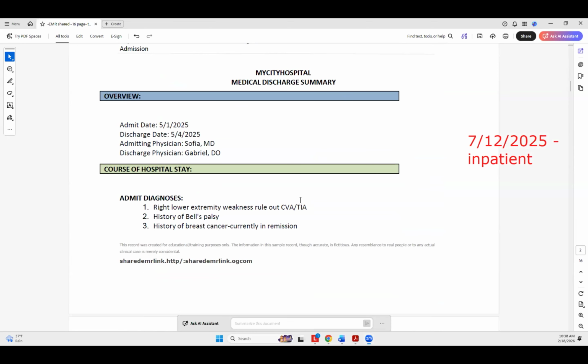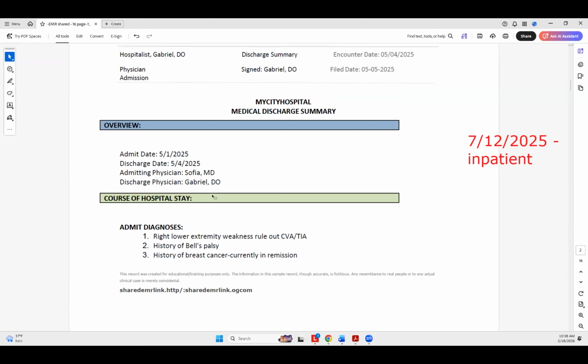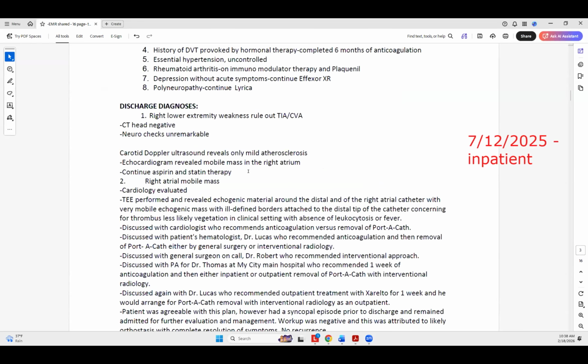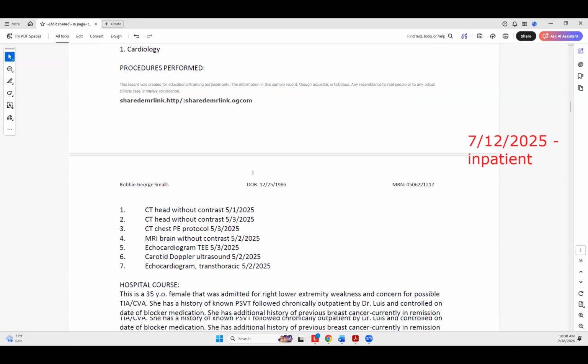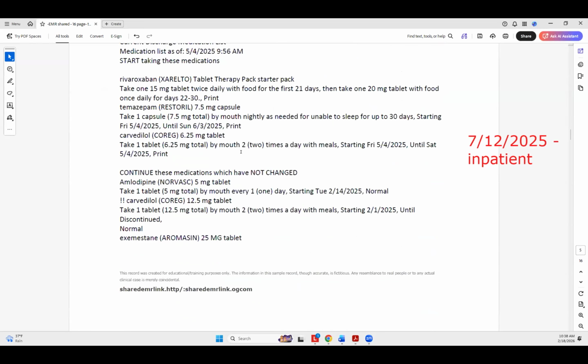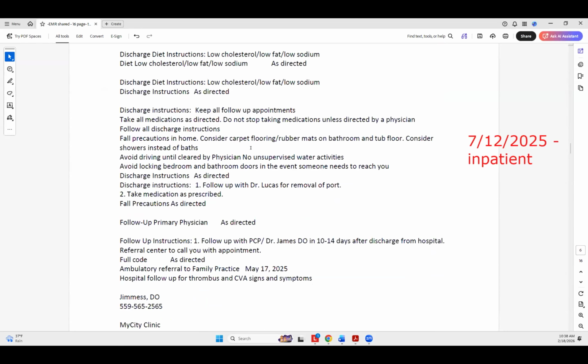Let's look at how many pages. I don't want to confuse you by saying page 1, page 2. We're really going by the date of service, but I'm trying to make it easier for us to follow the record. So let's see how many pages this discharge summary has.